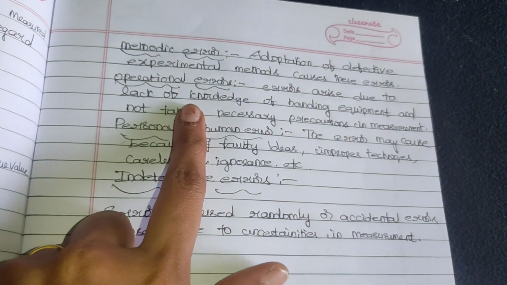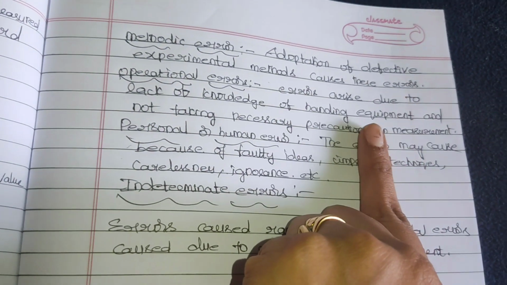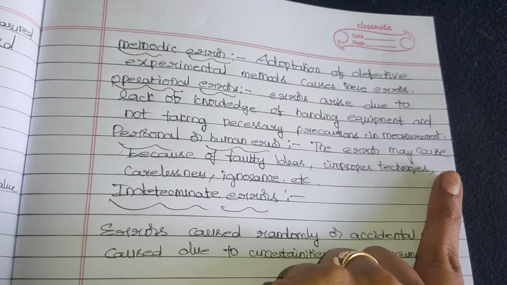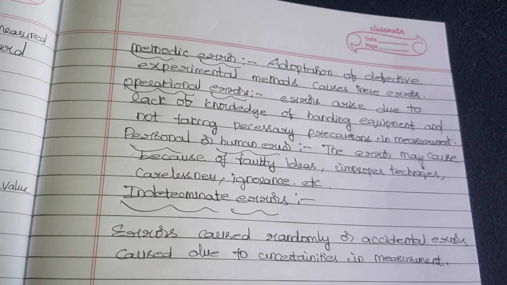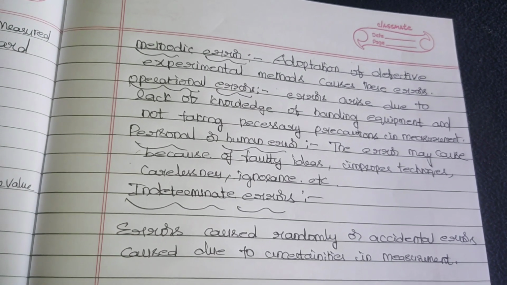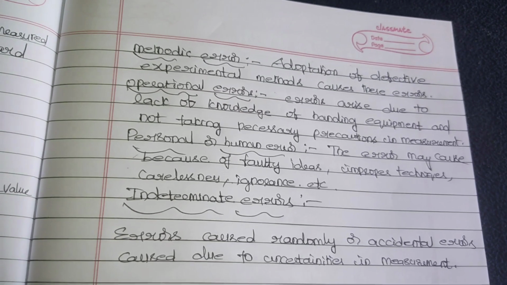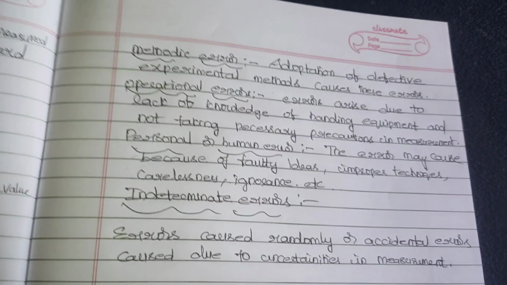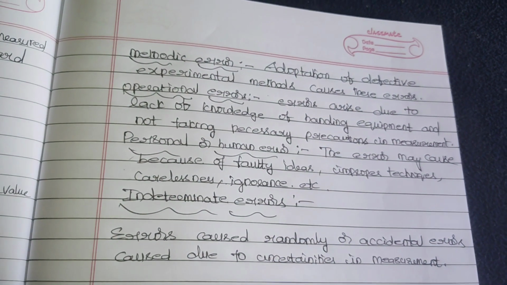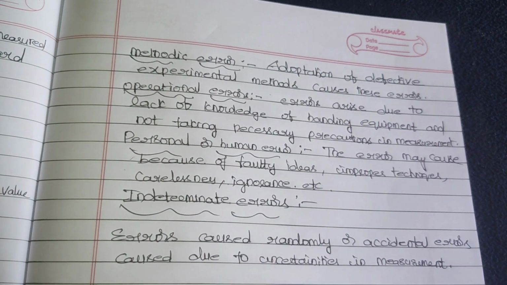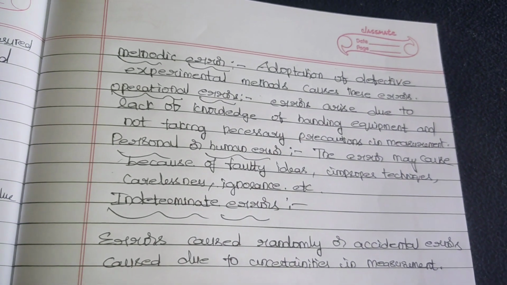Then operational errors: errors due to lack of knowledge of handling equipment. We know the equipment and the procedure, but still the analyst doesn't know how to handle it correctly, or is careless or does not take correct precautions while measuring. When the experiment is not carried out correctly, operational errors occur. Next is personal error or human error.